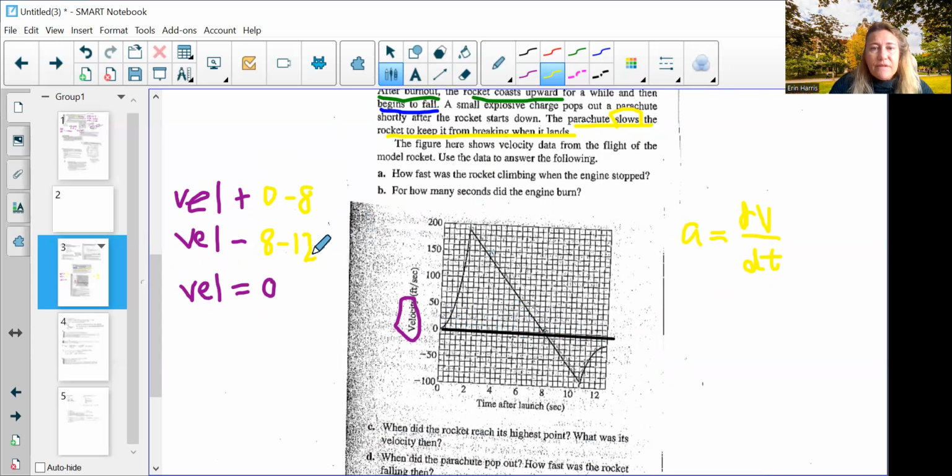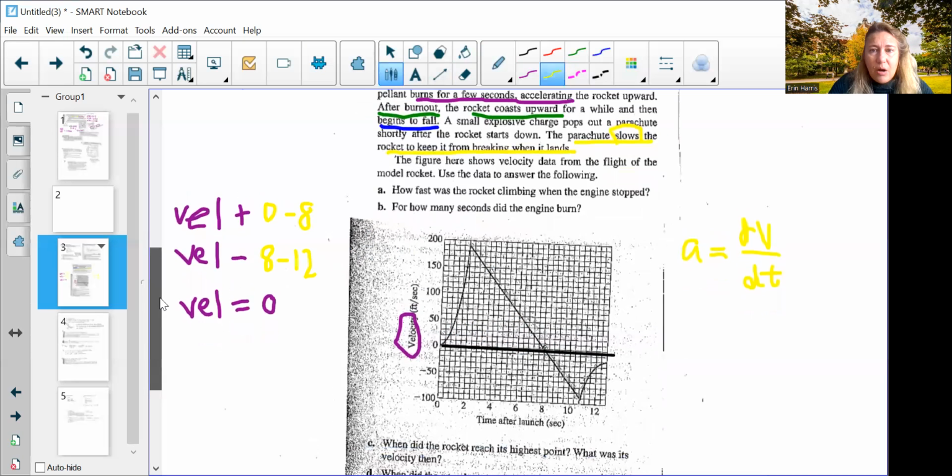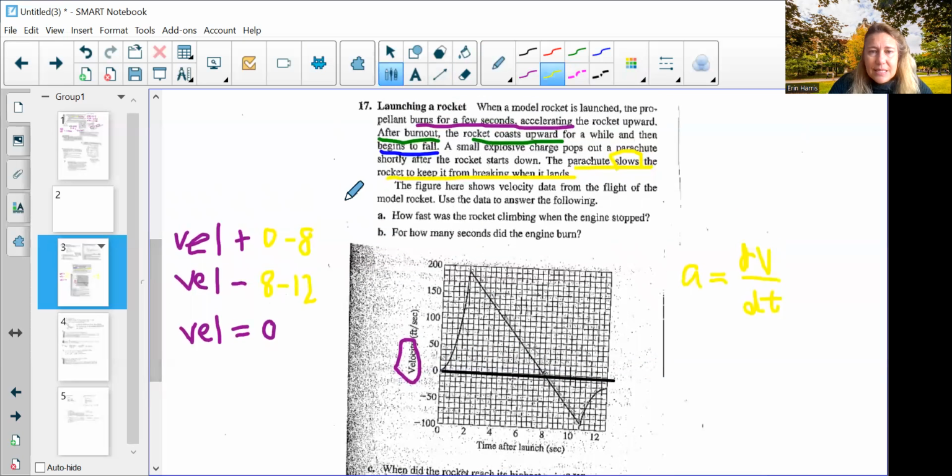Velocity is 0 at 8 seconds right here. So what does that mean? I've highlighted on here, I'm going to try to color code. That's where it begins to fall. So the object is actually rising from 0 to 8 seconds.